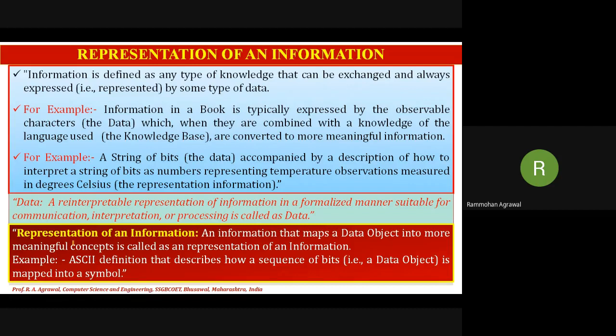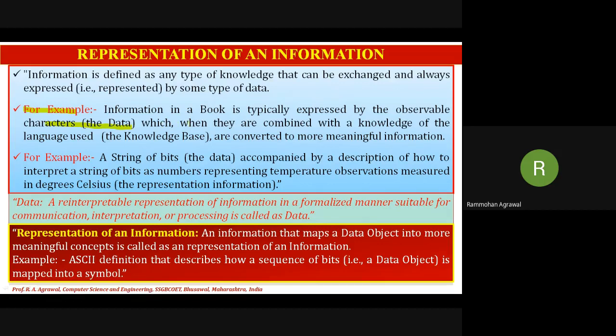Similarly, if you prepare a password from alphabets, special characters as well as numbers, then that also becomes your data. Let us see an example for this. Information in a book is typically expressed by observable characters, which are called data.